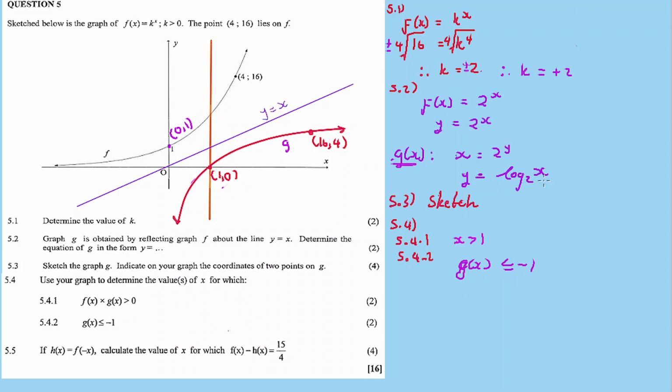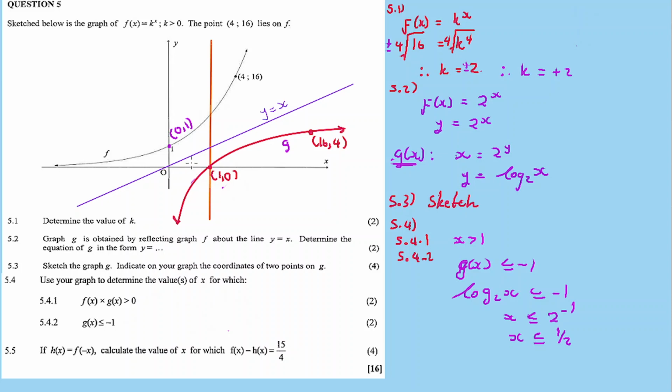G of x is this function, log base 2 of x, less than or equal to -1. Applying the log definition again, x is less than or equal to 2 to the power -1, so x is less than or equal to 1/2.